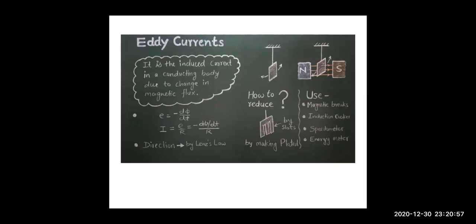Now, suppose, children, R is the resistance of the solid. Then according to Ohm's law, we know I equals V upon R, right? Where V is the EMF, the voltage. So instead of V, we can write E, because E is the EMF, right?